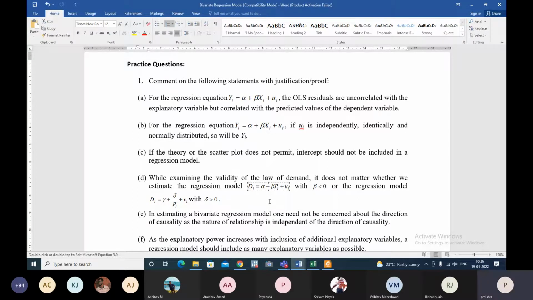But that doesn't happen here, because here it is a nonlinear relationship. So one important issue here, as you rightly pointed out, is the slope, which is simply beyond the inverse relationship between price and quantity demanded.